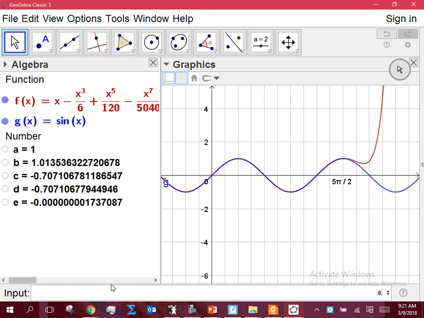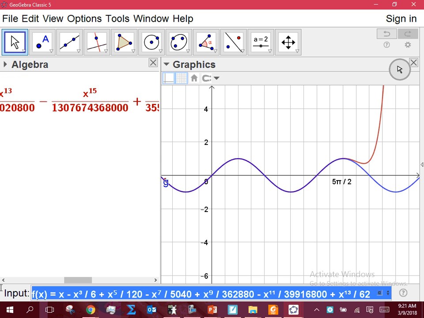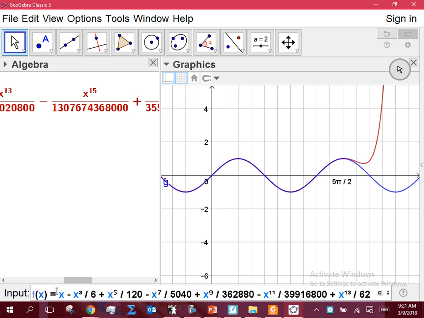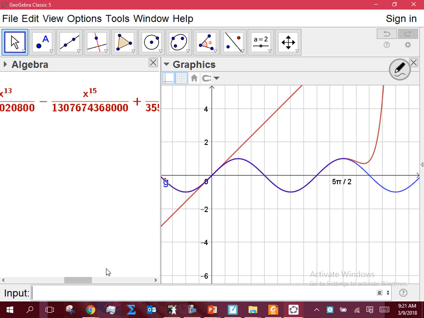Let me try something here. Let's go V. Oh, seriously? All right, let me just type this in. Let's go x. That's 1 minus. Now I'm going to use even values. So what do you think that's going to give me?